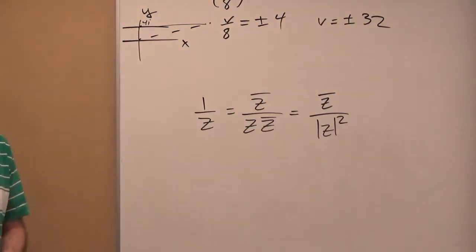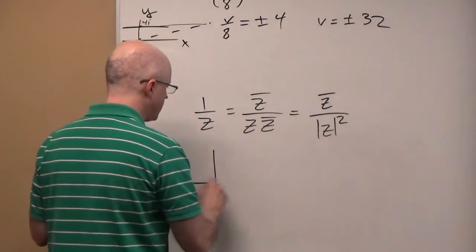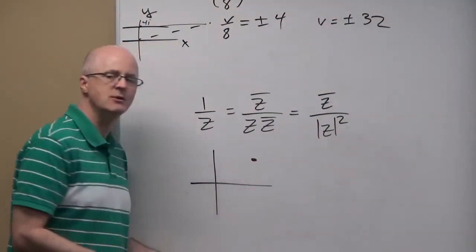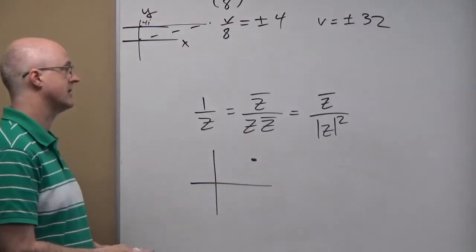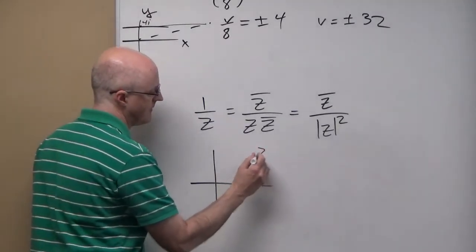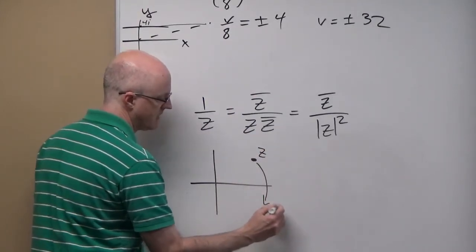That's good to remember. So you can think of taking a point z and mapping it to 1 over z as a two-step process, maybe even a three-step process. First, map it to its conjugate z bar.